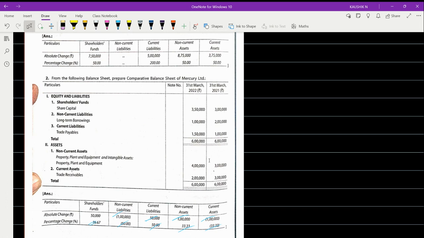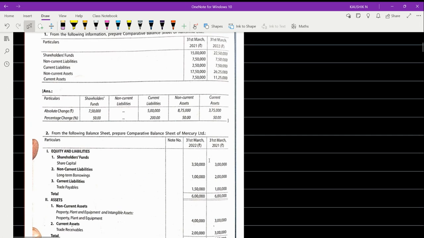So you have particulars, note number, and then the two different years. Am I right? Yes, sir. Okay, so now how to go ahead with formats and how we need to do the comparison. It's quite simple. You just have to answer.